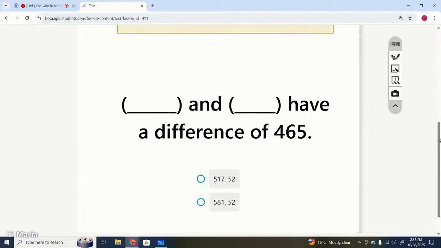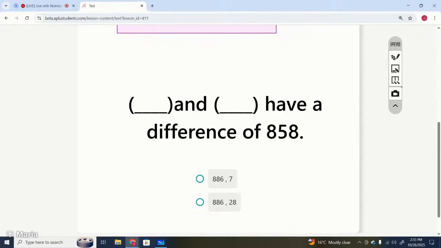Option number 1 is the correct option. 517 minus 52 is 465.